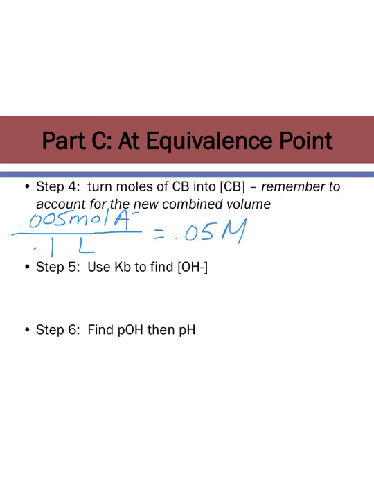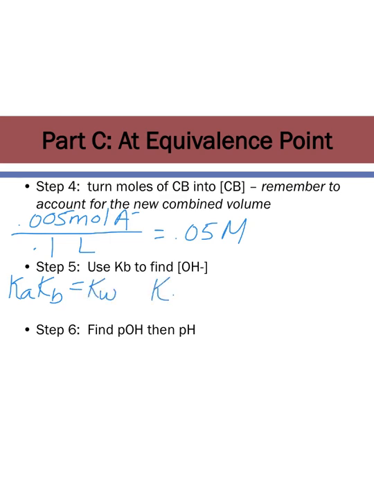Now I'm ready to plug everything into my Kb expression. And I need to actually find Kb and I need to write my equation. So first we'll do the easier part, finding Kb. So Ka times Kb equals Kw.